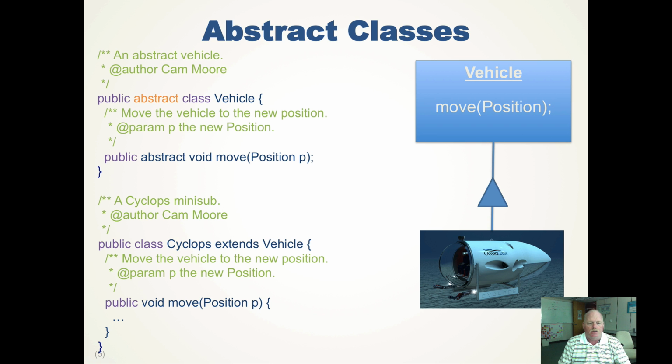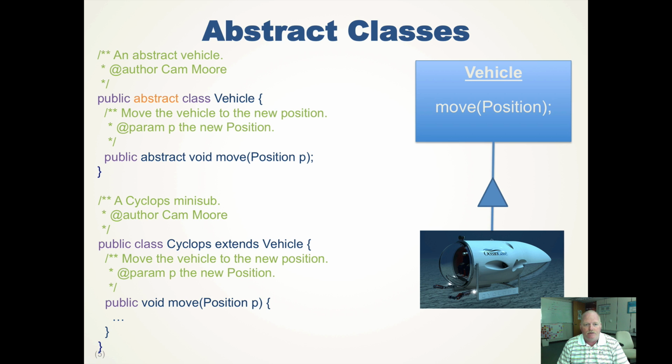Now, if we extend an abstract class, the class must implement all the abstract methods and have a constructor, because you can create this class. If you do not implement all the abstract member methods, then you have to declare your class abstract, and the compiler will tell you that the class is abstract because you haven't implemented all the abstract methods.